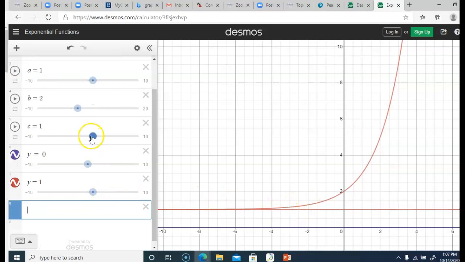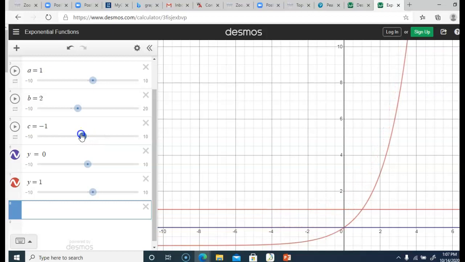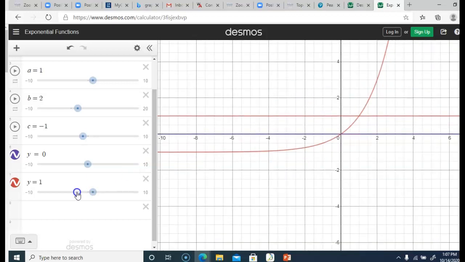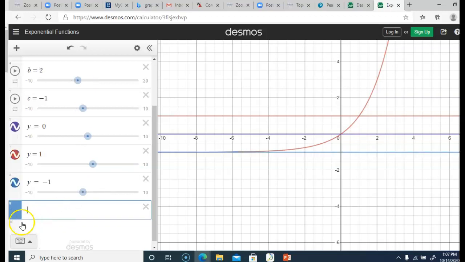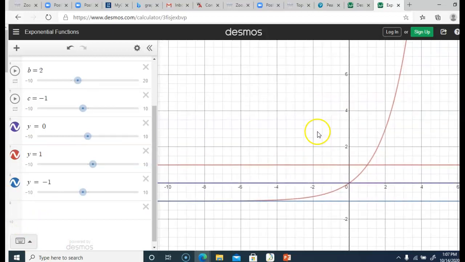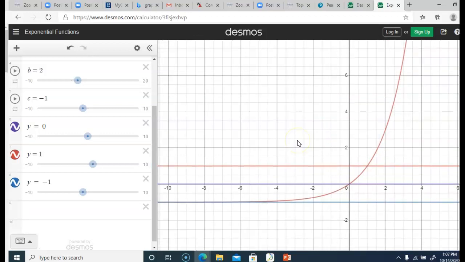If I were to move my C and let it go down to -1, then you'll see that the graph would have a horizontal asymptote at -1. So when I'm shifting it vertically, that asymptote actually goes with the graph itself and is going to help me to identify the domain and the range.